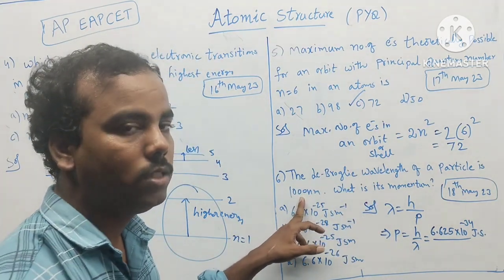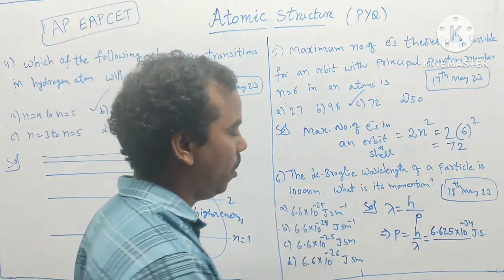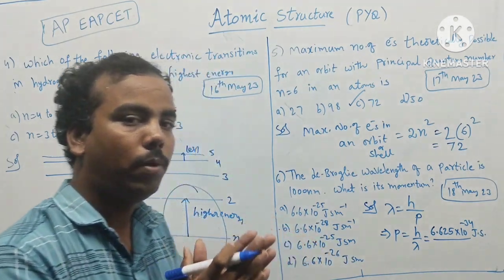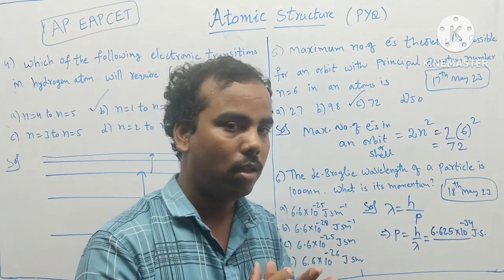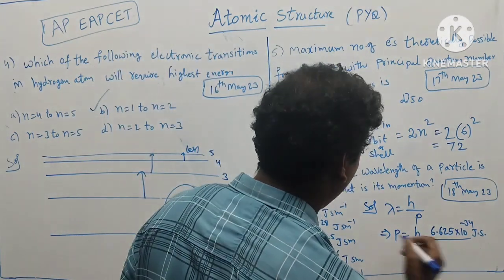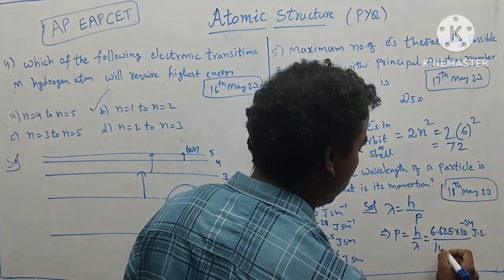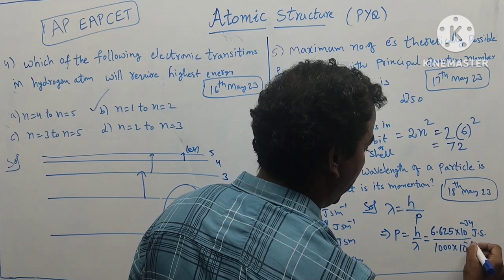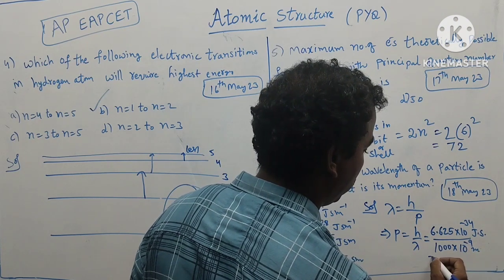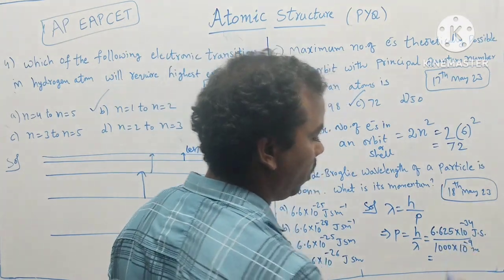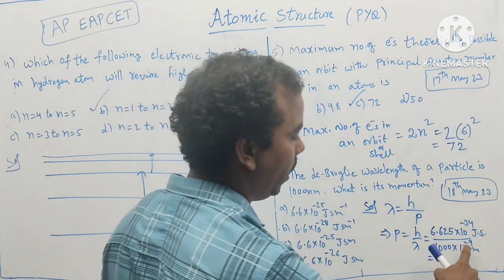Nanometers is given. Nanometers is converted to meters. 1 nanometer is equal to how many meters? 1 nanometer is equal to 10 power minus 9 meters. That means lambda, 1000 nanometers, is 1000 into 10 power minus 9 meters. So 10 power minus 9 into 10 cube, 10 power minus 6.